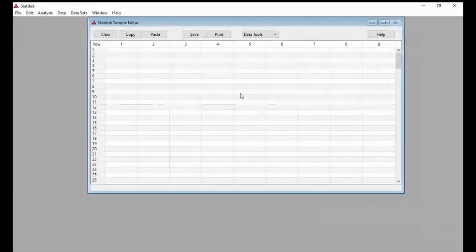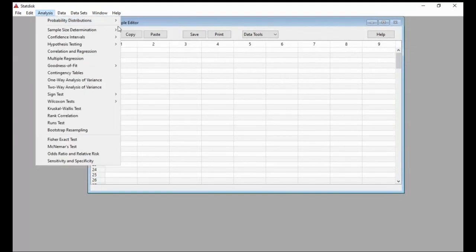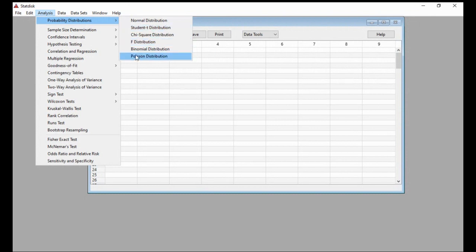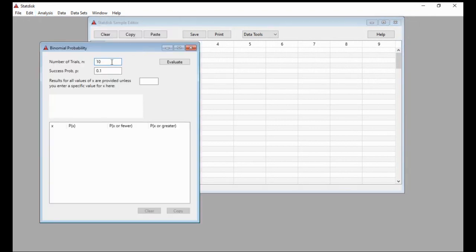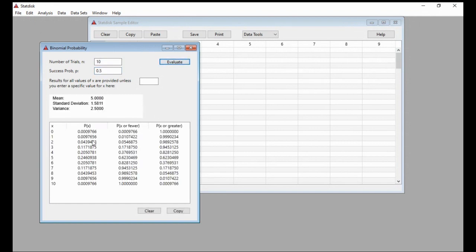We share, and that is analysis, probability distribution, and then you go to binomial. So 10 and 0.50. Do the evaluation, and what is the probability to have 9 boys? 0.0097, or 0.97%.